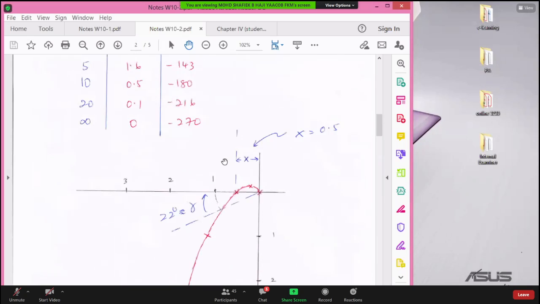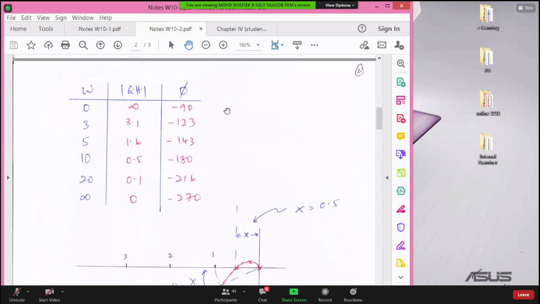The phase angle is not a function of the gain k. It's not going to change. So the phase crossover frequency is going to stay 10. Why do I say the phase crossover frequency is equal to 10?